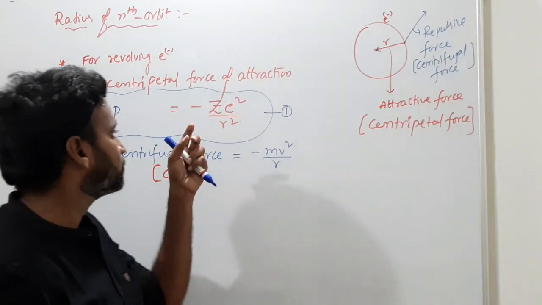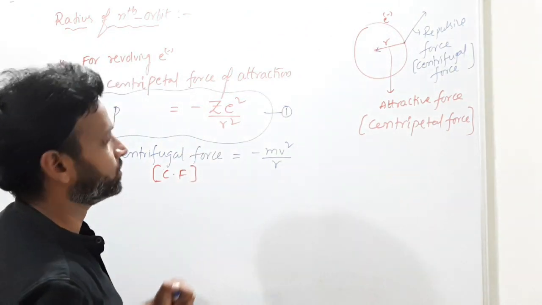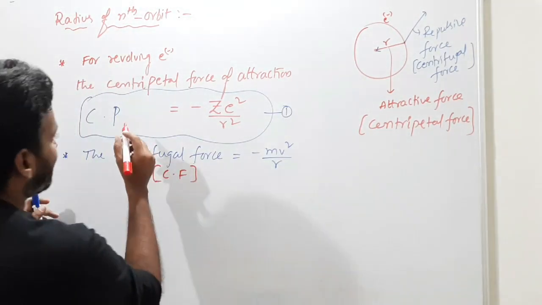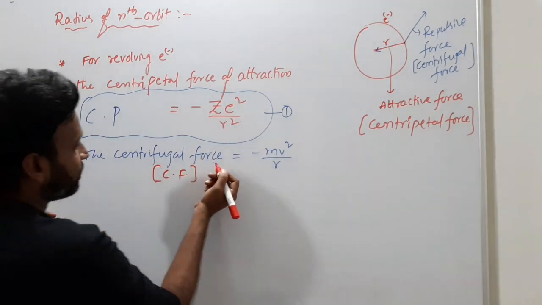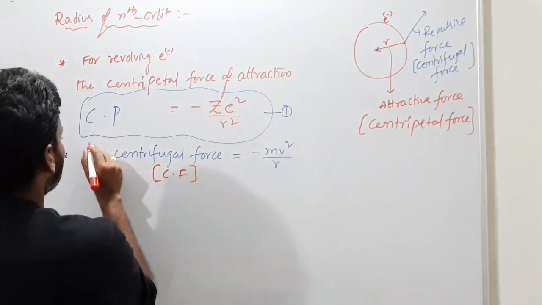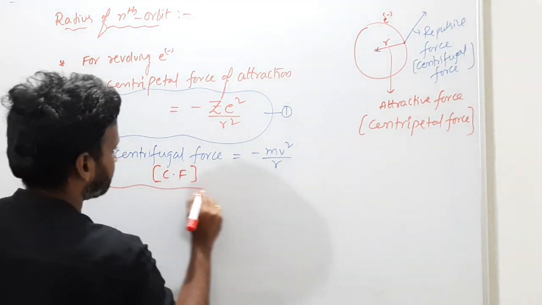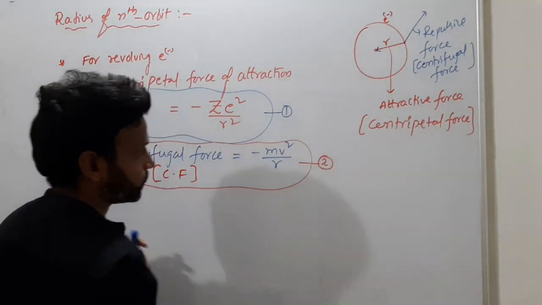Like that you have to know these two formulas. These are completely new for you. Centripetal force formula is minus Ze square by r square, and the centrifugal force formula is minus mv square by r. So this is the second one actually. This is equation 2.